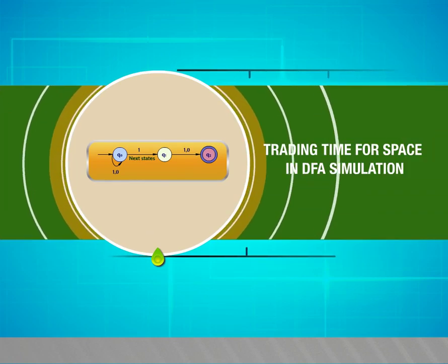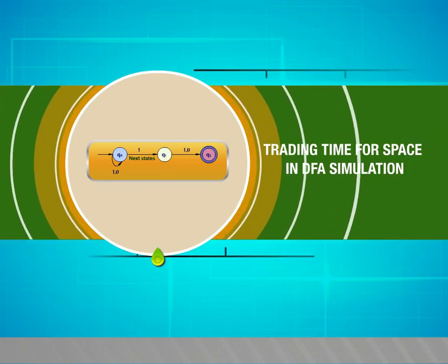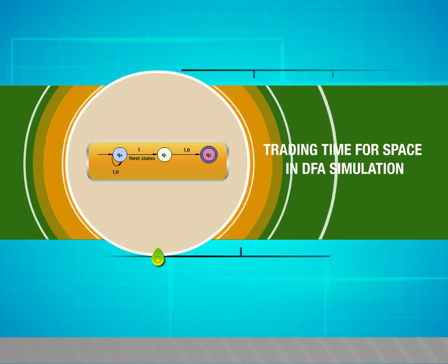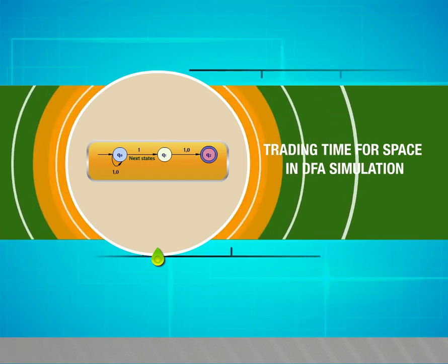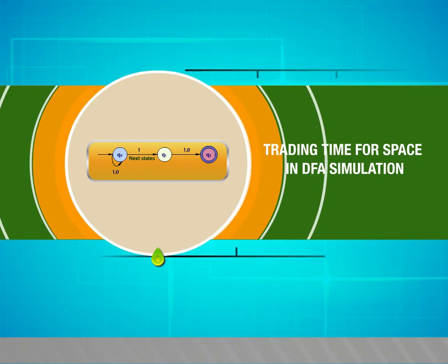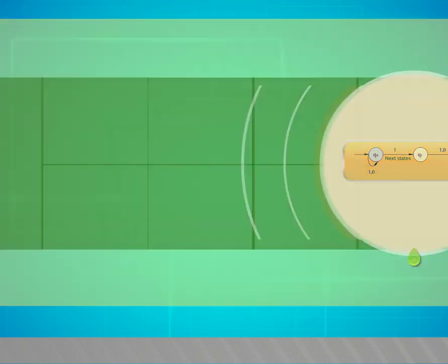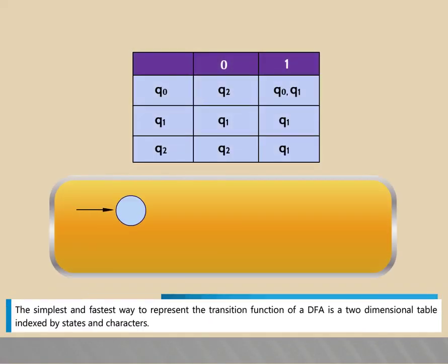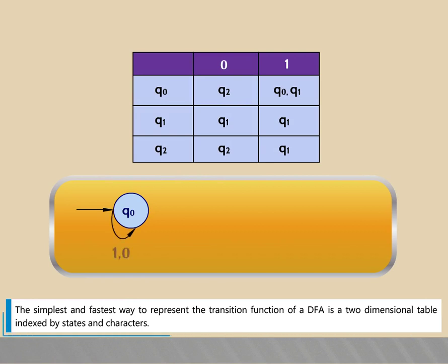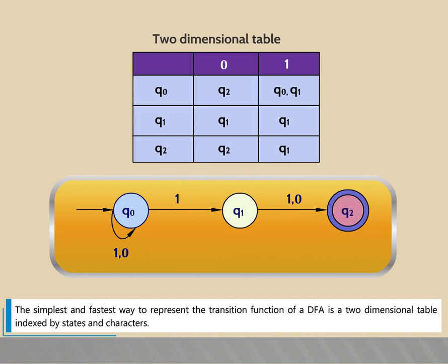Trading time for space in DFA simulation. In this video, we are going to see about trading time for space in DFA simulation. The simplest and fastest way to represent the transition function of a DFA is a two-dimensional table indexed by states and characters.